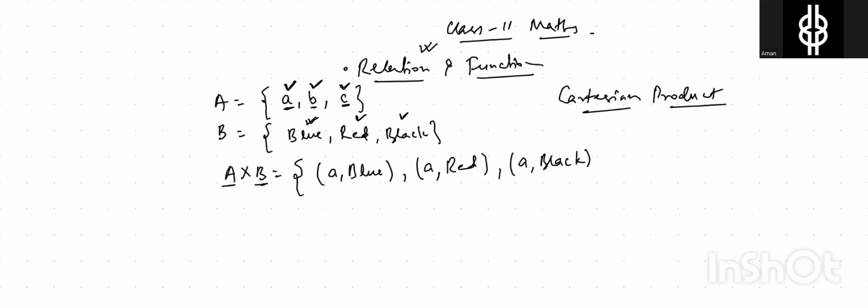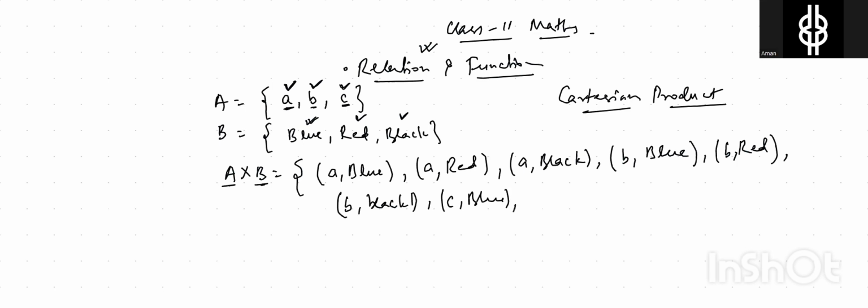The same thing goes for B: B is related to blue, B is related to red, and B is related to black. And if we do the same with C, C is related to blue, C is related to red, and C is related to black.